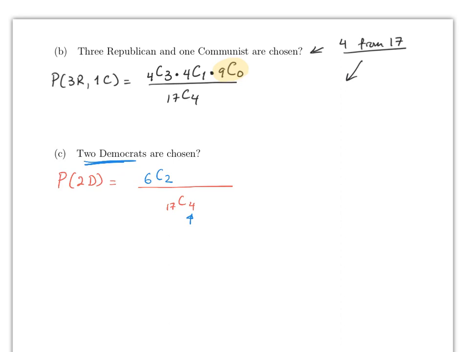Therefore, you need to select from the remaining. How many do you have remaining? You have 11. You don't care who. You just know that it's 11 remaining. And you're going to select 2. Again, 6 plus 11 is 17. And 2 plus 2 is 4. So that's why it's very important to have this part. In this particular case, if you forget this, the problem is wrong.